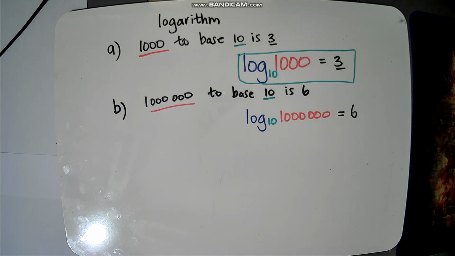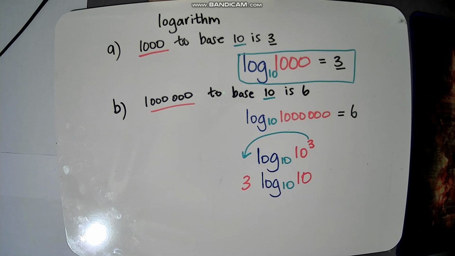Let's look at A and try and make 1000 to 10 to the power 3. So 1000 will be 10 to the power 3. There is this rule that when you have an exponent like 10 to the power 3, looking at the 3, you can take that 3 and place it in front of the word log. Now when you have the situation log to the base 10 followed by the same number 10, this will become always a 1.